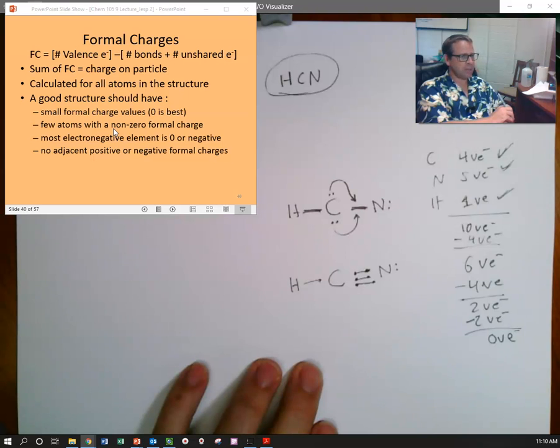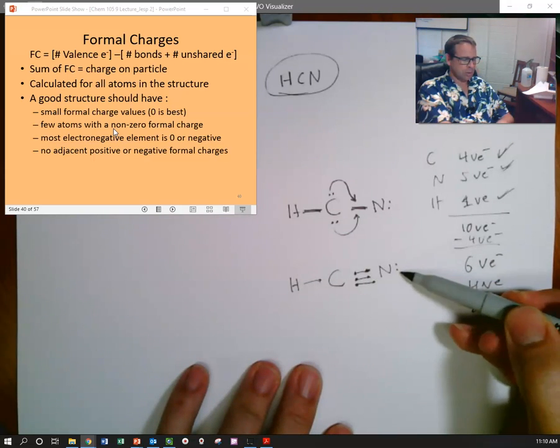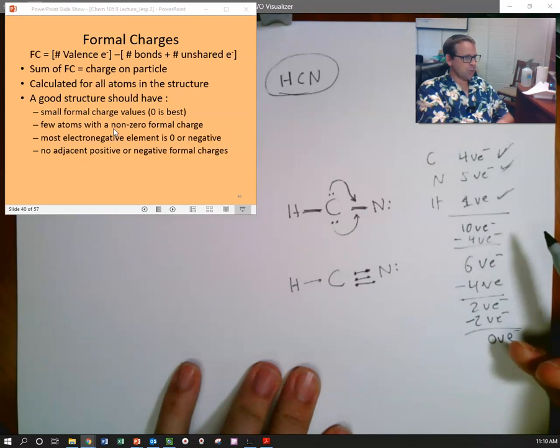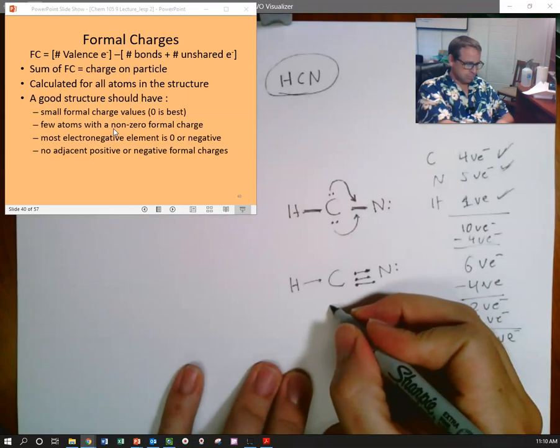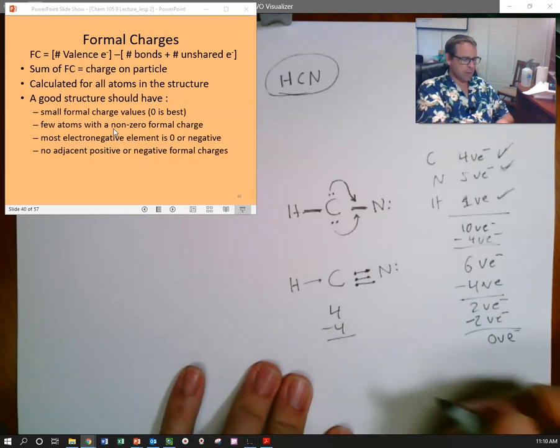Okay. Chloe, how many electrons are right around nitrogen? 5. That's right. 1, 2, 3, 4, 5. So how do we calculate their formal charge, Chloe? Do you remember? Yeah, you do: how many they brought minus how many are around it. That's right. So carbon brought 4 minus how many are right around it? 4.